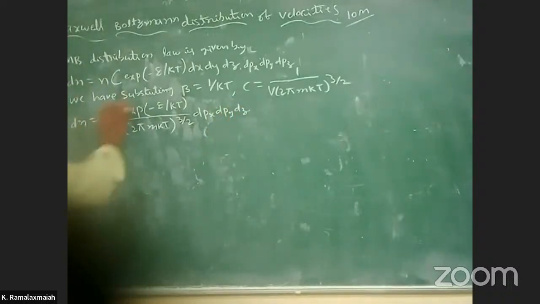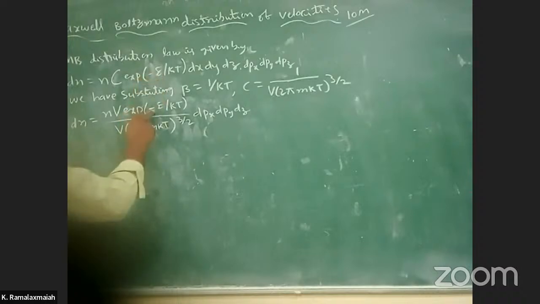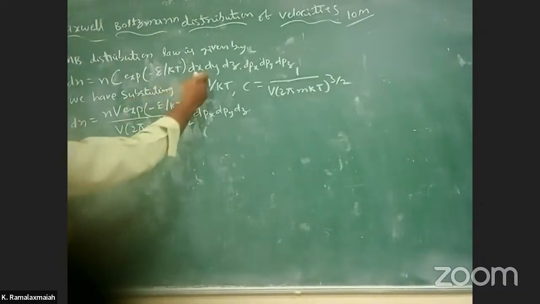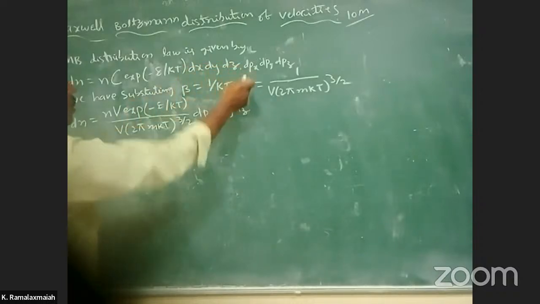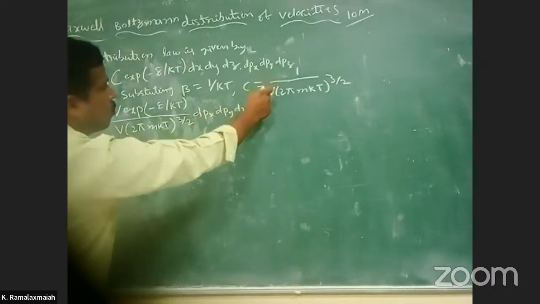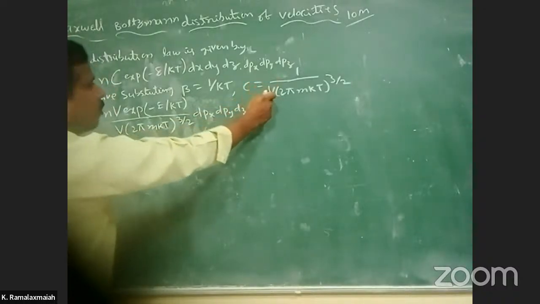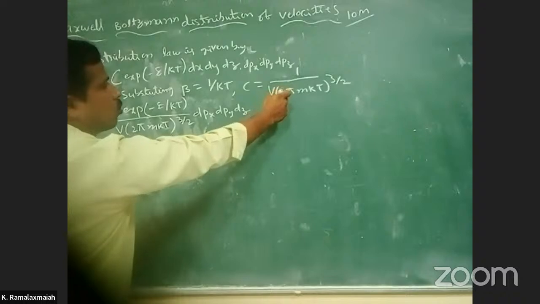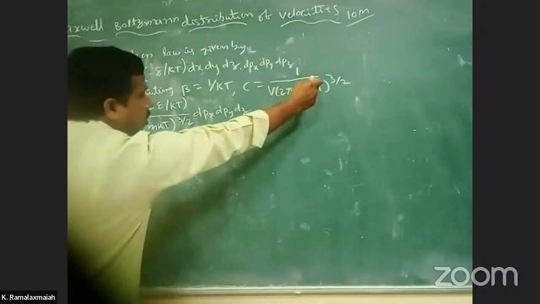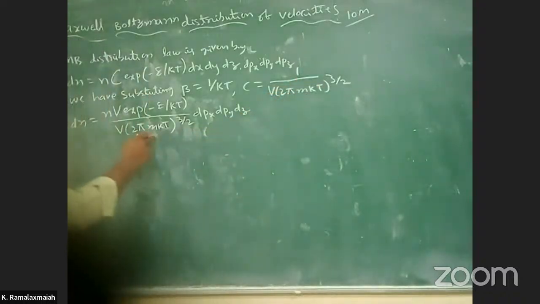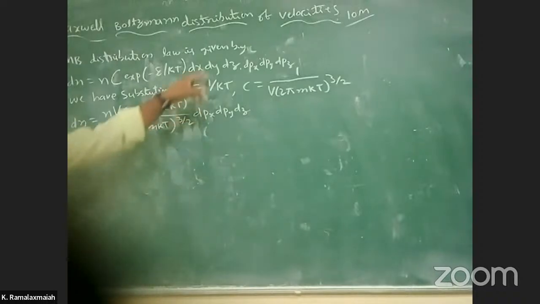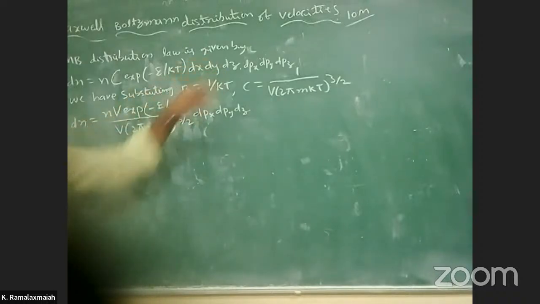We have considered that the integral of dx dy dz gives V, so that value is equal to 1 by V into (2 pi m kT) to the power of 3 by 2.